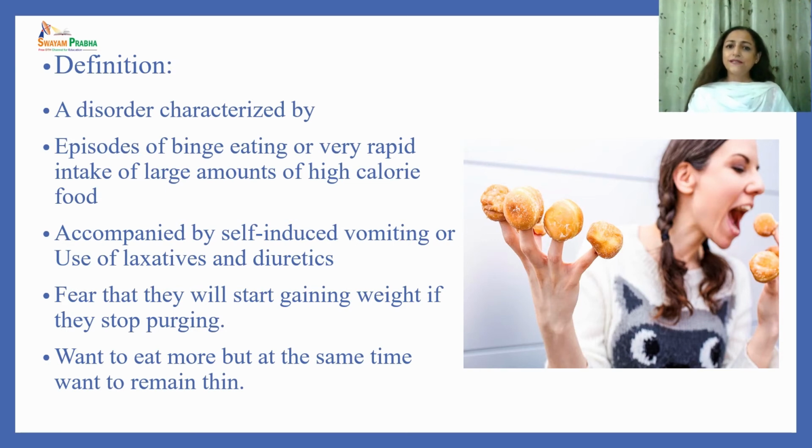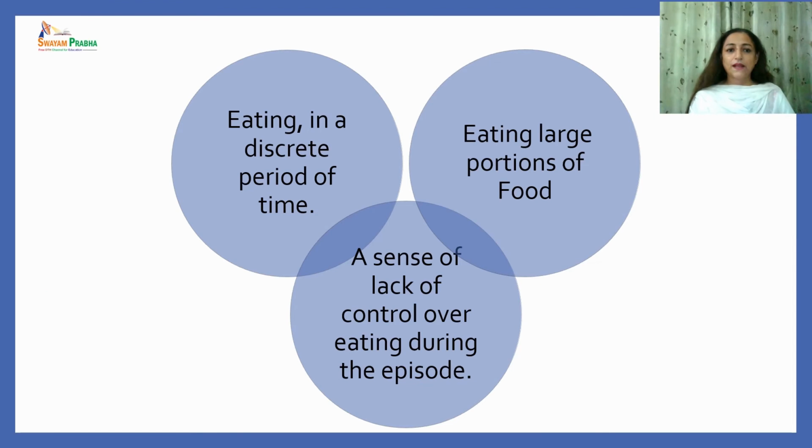So, what is the characteristic feature of bulimia nervosa is recurring episodes of binge eating, which are followed by one or more inappropriate behaviors to prevent weight gain. These behaviors may include self-induced vomiting or laxative abuse or other abuses, which we shall be discussing further.